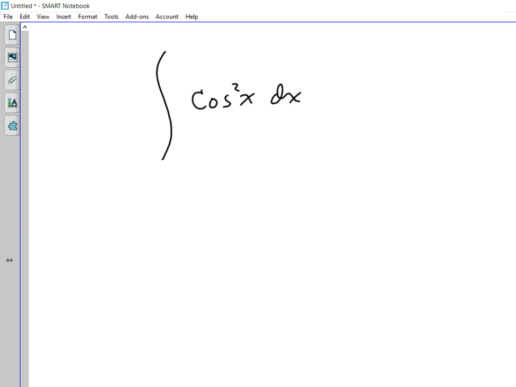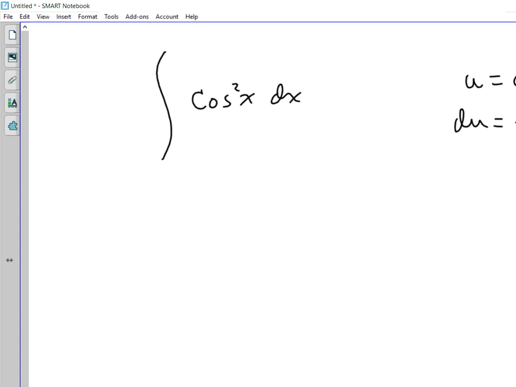Well, okay, let's make my u into cosine of x. My du is negative sine of x dx. Well, rats, I don't have a negative sine of x somewhere, and I can't make one, because if I try to make sines out of that cosine, I'm going to lose the u, right?